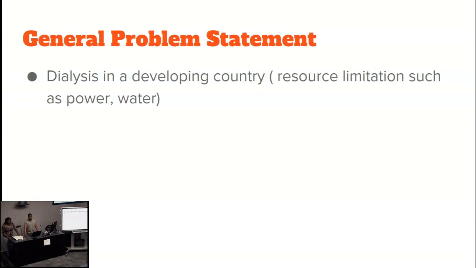Okay. And so in terms of how you're planning to address this general problem, you're focused on reducing costs. We plan on reducing costs by trying to reuse peritoneal dialysis, or PD, solution. We're trying to find a way to purify the water that's going into the PD solution. But we're not planning on making a whole new device. We're thinking of improving upon the basic PD that's used right now, using pretty much the same materials, but changing the procedure on how you would prepare the PD solution itself.